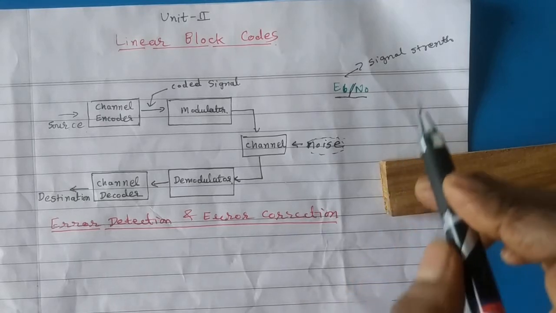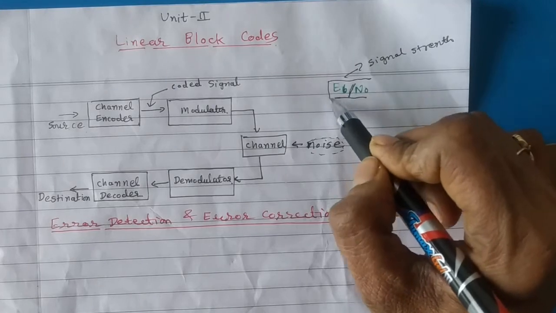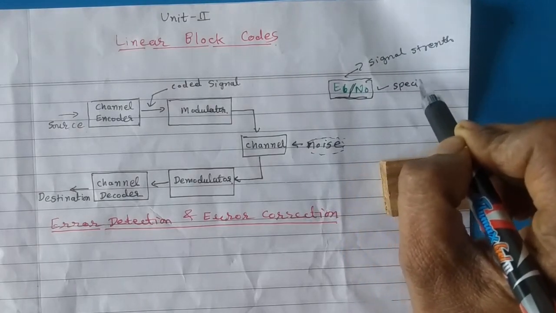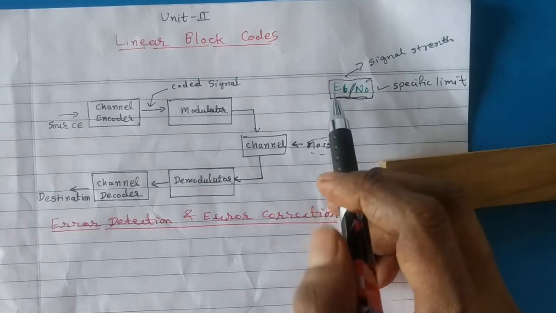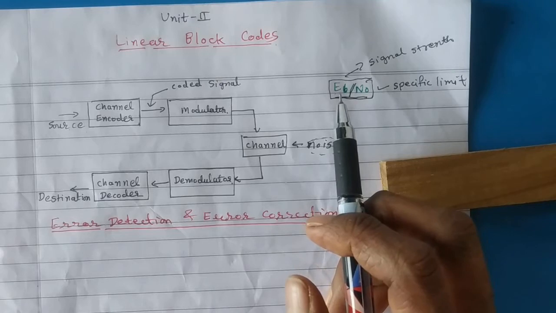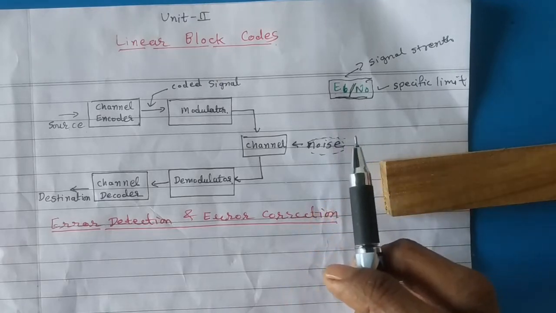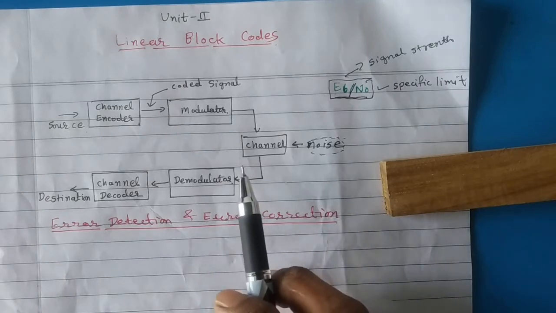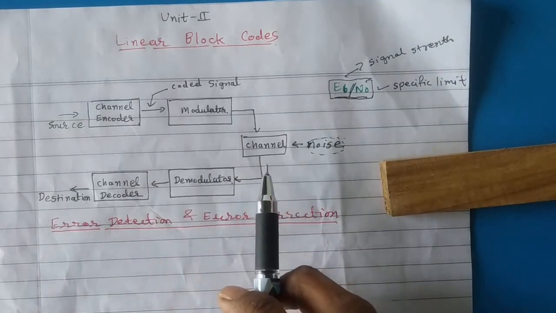So we cannot increase this ratio Eb by N0 beyond some specific limit. Beyond that limit, we cannot increase this ratio. So how to achieve reliable transmission then? That we can do by using the channel coding technique.